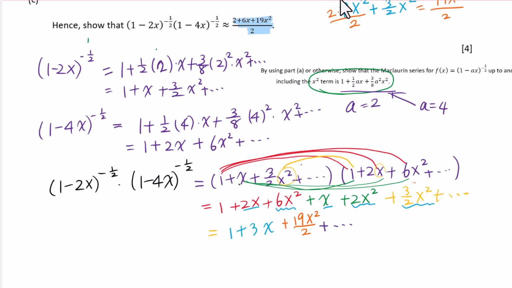Let's go back, check this solution. 2 plus 6x plus 19x squared over 2. We need to get denominator 2. So we put the denominator 2, then times 2 on the numerator. Then simplify. Denominator is 2. Distributive property: 2 plus 6x plus 19x squared.